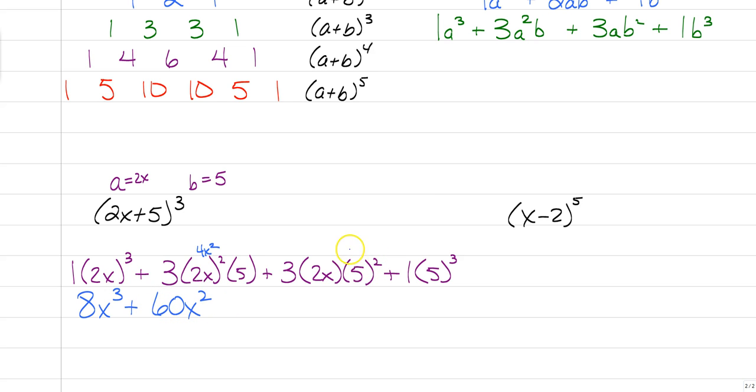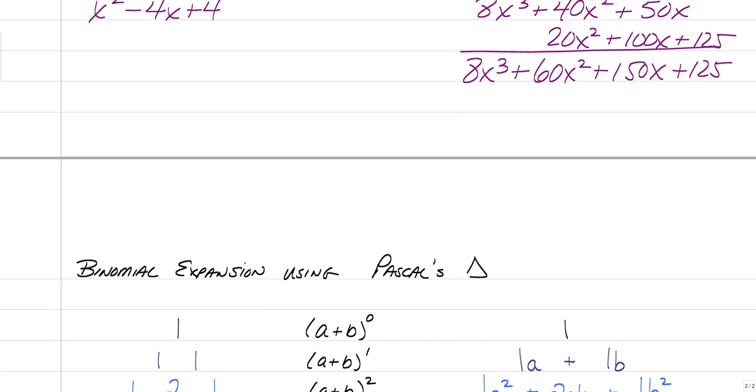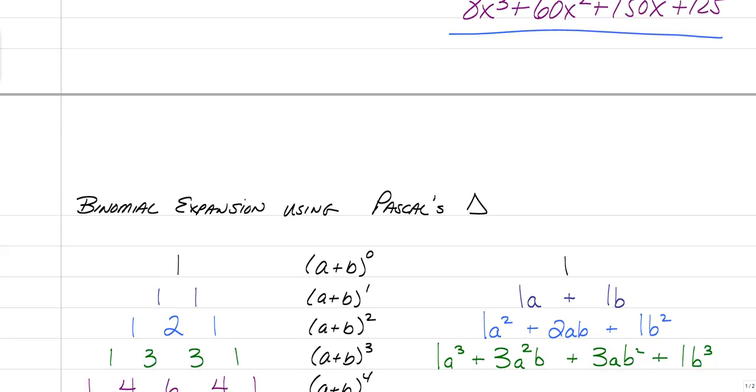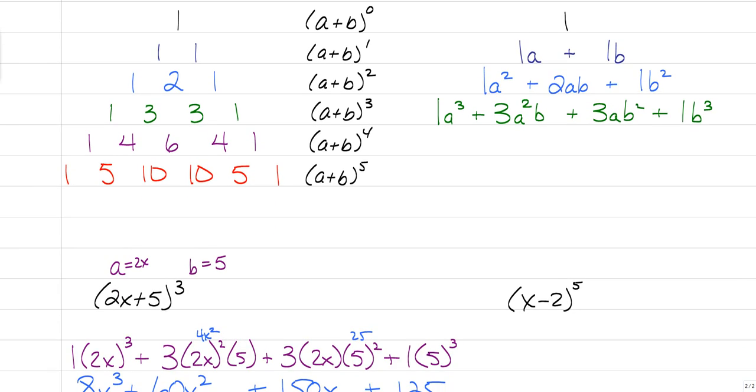Over here, 5 squared is 25, and 25 times 2x is 50x, times 3 would be 150x, plus 1 times 5 cubed is 125. So 8x cubed plus 60x squared plus 150x plus 125, and that sounds pretty familiar to me. So it's right there. Now, if you learn how to use Pascal's triangle, it'll save you a lot of time.